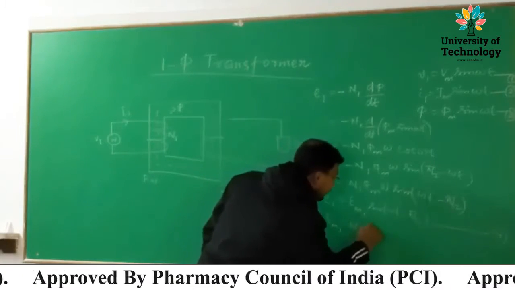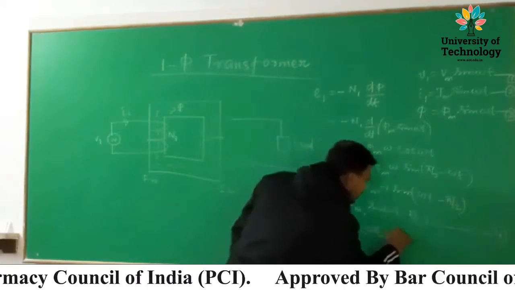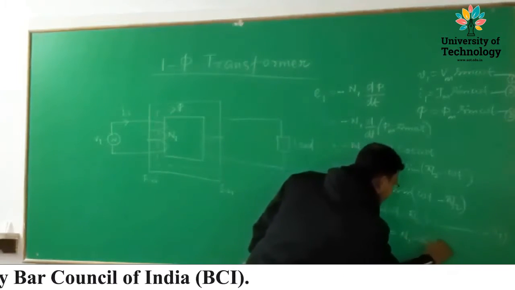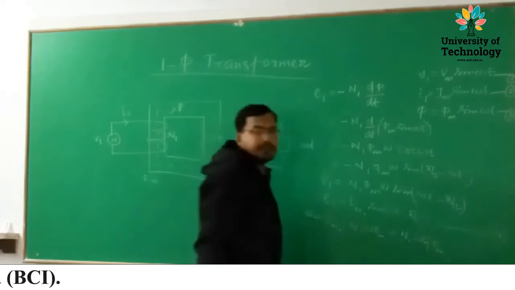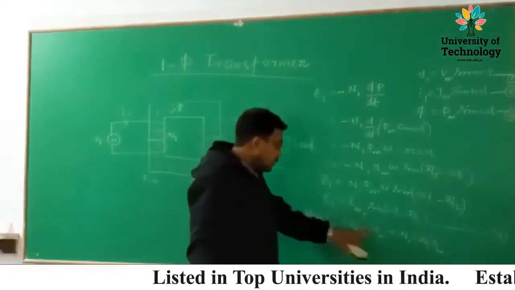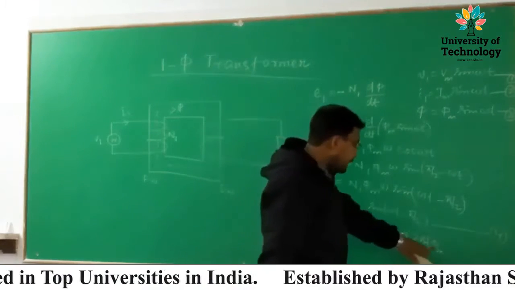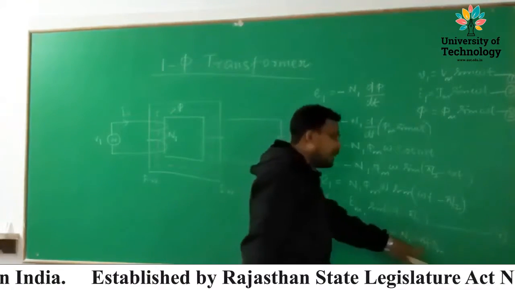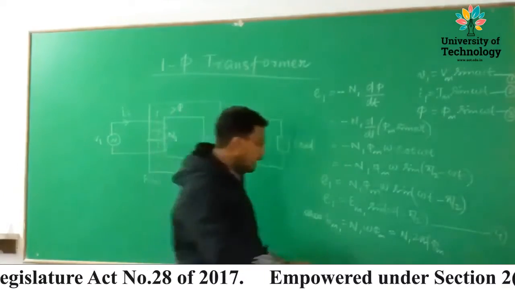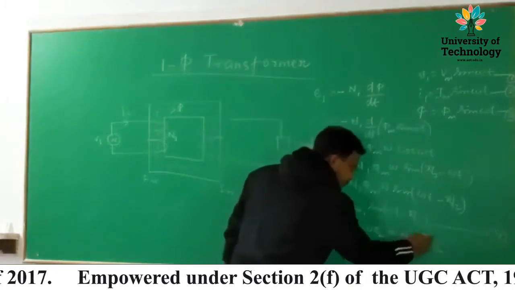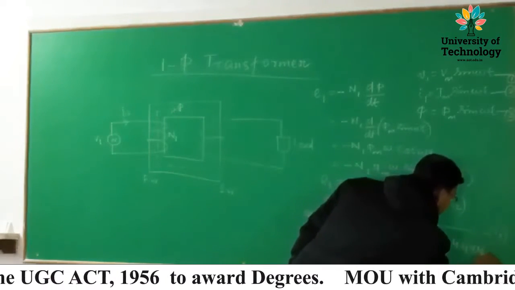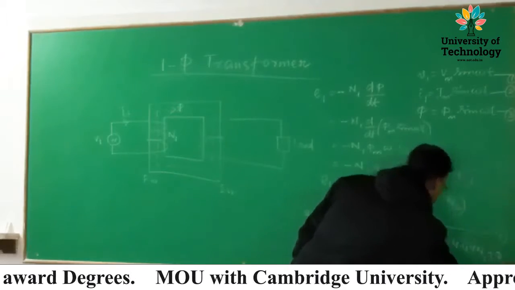Now Em1 is equal to N1 omega phi m, or in place of omega we can write N1 2 pi f into phi m. So N1 2 pi f phi m is equal to the maximum value of EMF induced, or if we elaborate this one, we will get 4.44 N1 f phi m.